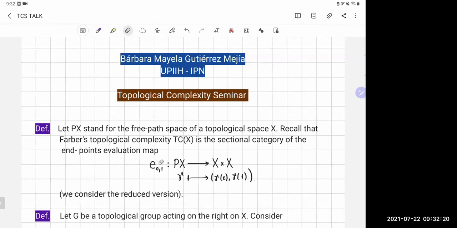So this map goes from here to X cross X. And as we know, this map takes as input a continuous curve in X and turns back the initial point of the curve and the final point of the curve. We are considering the reduced version.